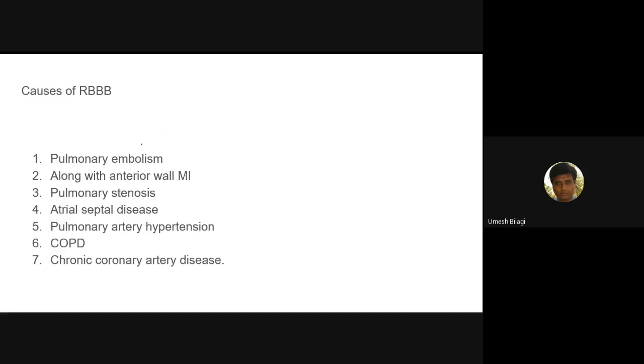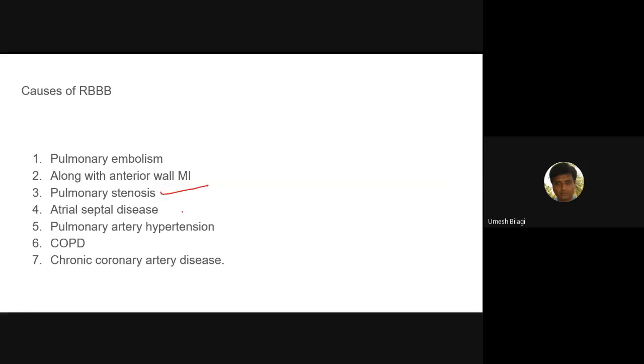Causes of RBBB: anything with straining or dilatation of the right ventricle can cause RBBB, that is pulmonary embolism. Inferior MI can also cause RBBB because the right bundle can be damaged with it. Remember this, it will be a very severe MI; inferior MI producing RBBB means a very massive MI can do this complication.